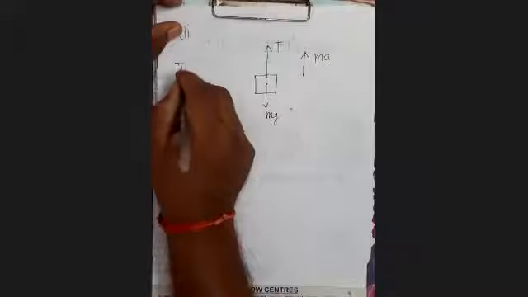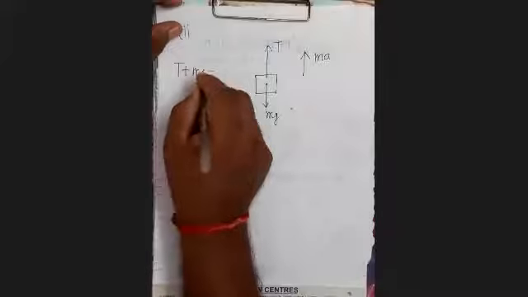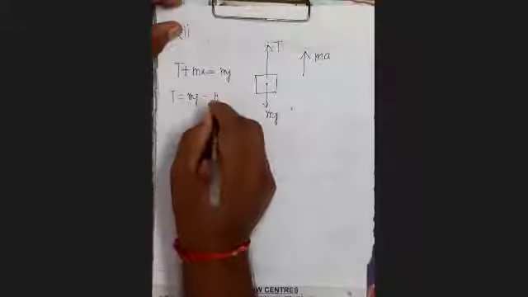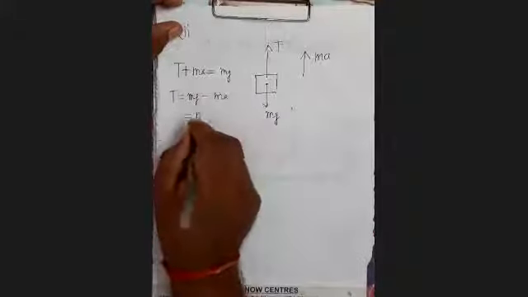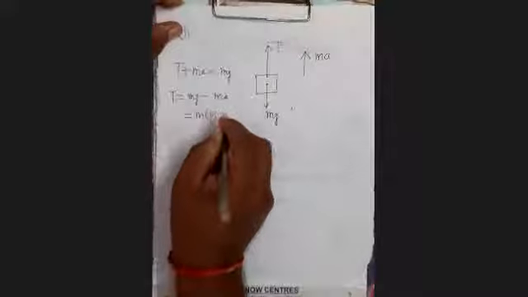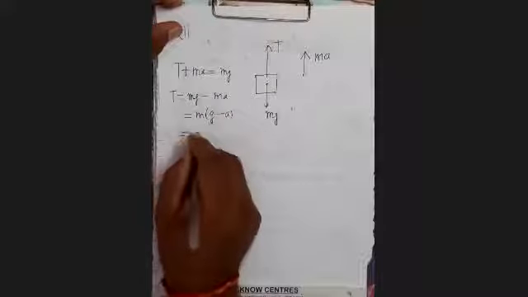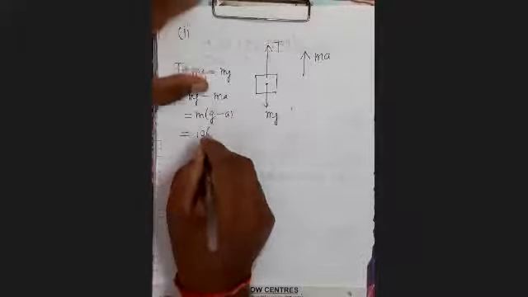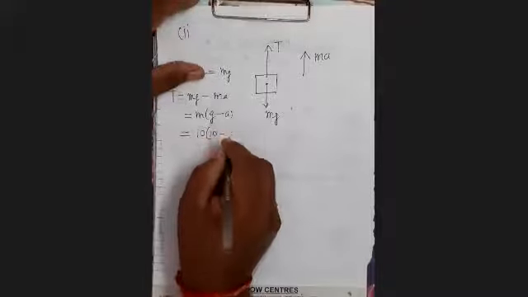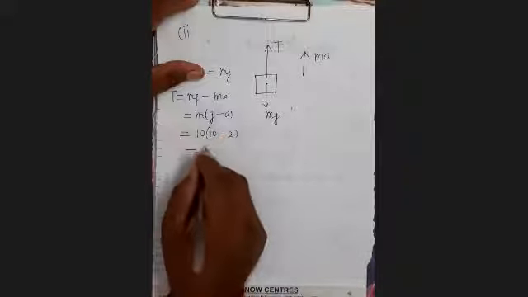Means T plus ma will be equal to mg. So T equals mg minus ma. You can take m out common, m into g minus a. m is given 10, g is 10, a is also 2. So that is 80 Newton.